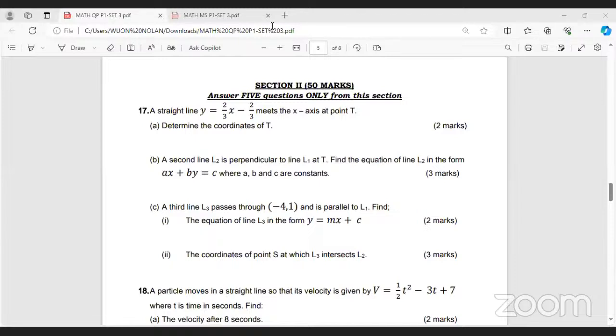So the gradient of L1 was 2 over 3. So it means L3 is also 2 over 3 because they are parallel. Now this L3 is again passing through negative 4, 1. Find its equation, very easy.